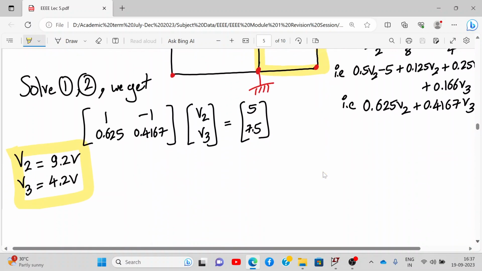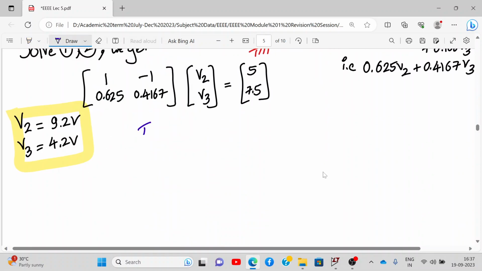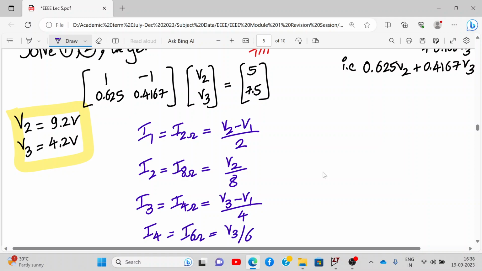So let's write down one by one over here what we said. I1 will be current flowing through 2 ohm, that will be V2 minus V1 upon 2. I2 will be current flowing through 8 ohm, V2 upon 8. You can cross check this. I3 will be current through 4 ohm, that will be V3 minus V1 upon 4, and I4 will be current through 6 ohm, that will be V3 upon 6.